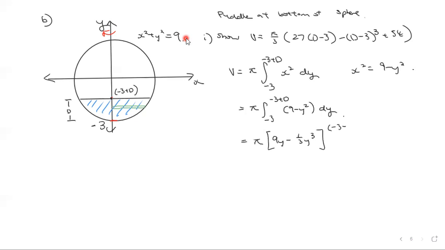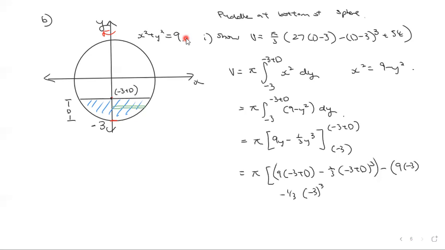We'll sub in -3 plus d and -3. That's going to be pi times 9 times -3 plus d, minus 1/3 of -3 plus d all cubed, minus 9 times -3, minus 1/3 of -3 all cubed.